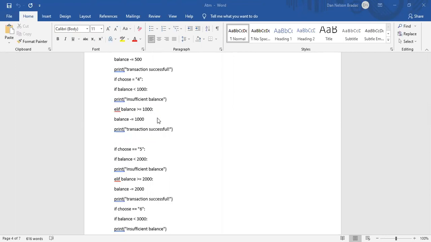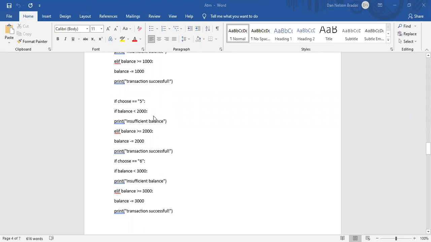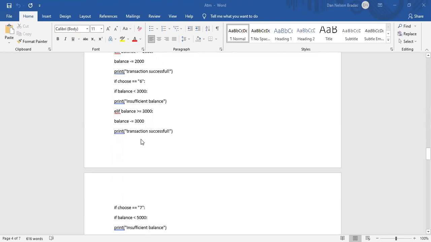Else, balance is greater than or equal to 2000, balance decreased by 2000, print transaction successful. If the chosen is assigned to 6, if balance is less than 3000, print insufficient balance. Else, balance is greater than or equal to 3000, then print transaction successful.